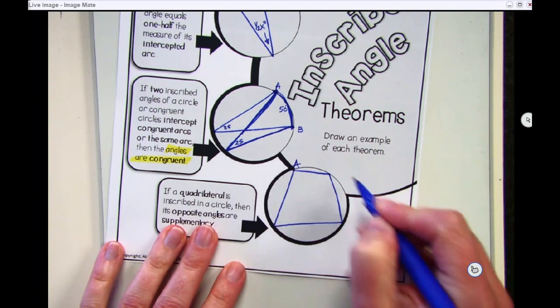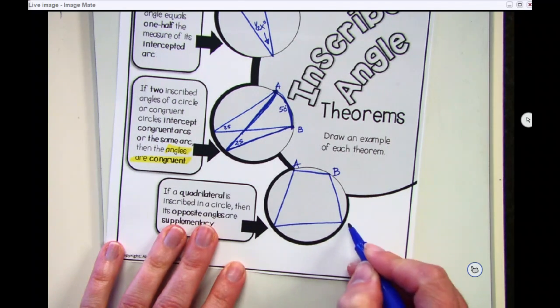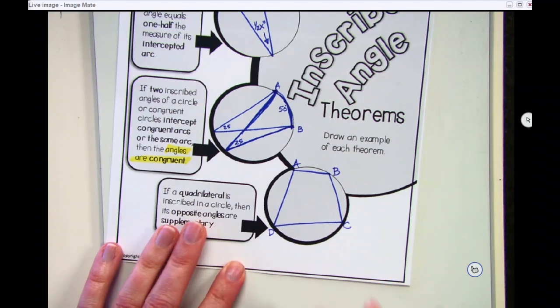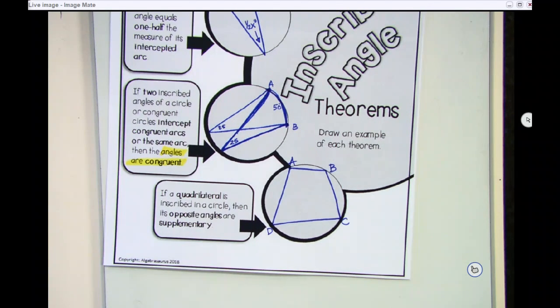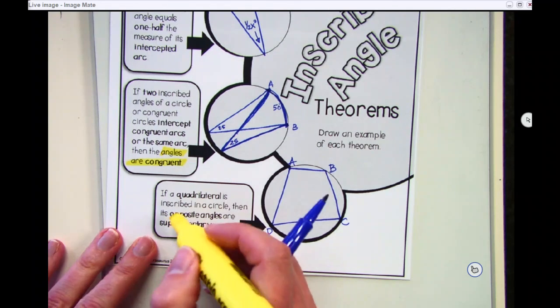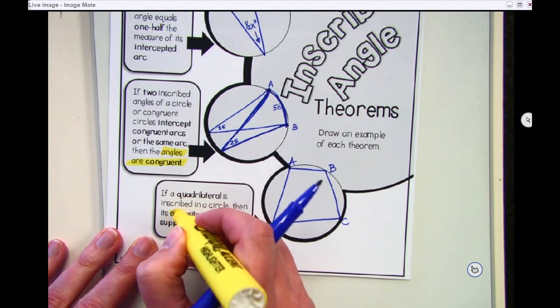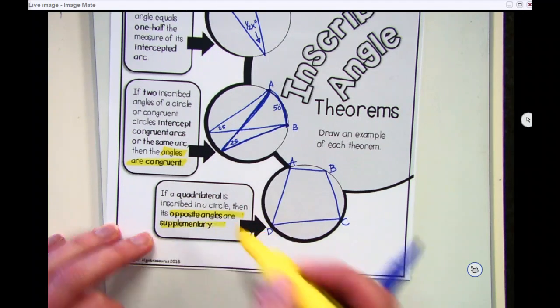Call this A, B, C, and D. All right, it says opposite angles are supplementary.